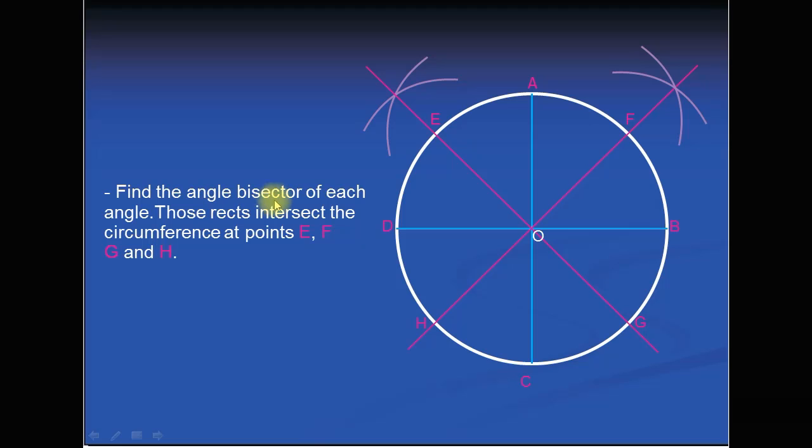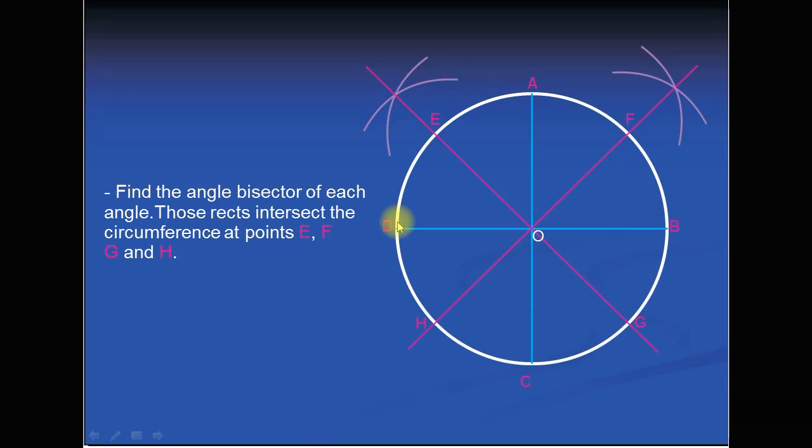Now find the angle bisector of each angle. We obtained 4 angles. For the angle bisector, suppose we draw the bisector of this angle. Put the compass at this point A and open the compass greater than half of this arc and draw this arc.